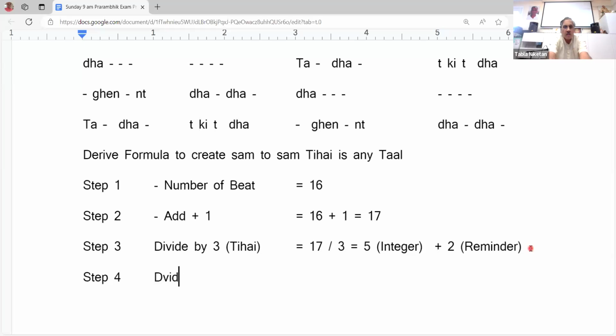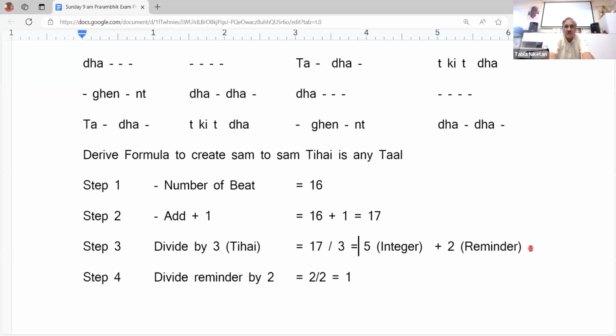Divide or distribute the remainder by 2. So 2 divided by 2, how much? That one pause you will distribute between the thi.